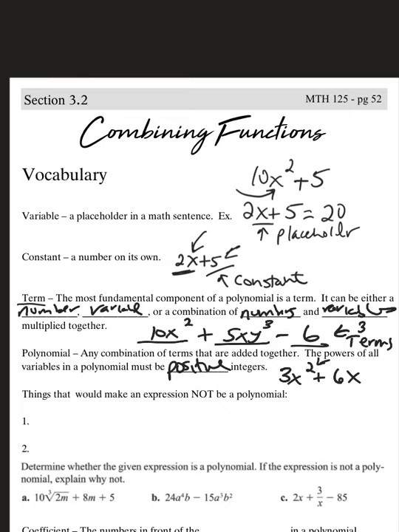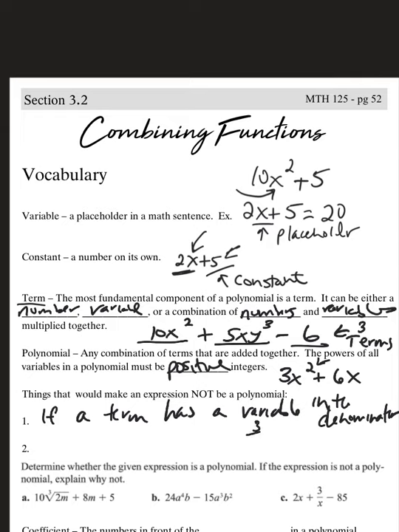Things that would make an expression not be a polynomial is if it has a term and the term has a fraction. You can't have a term that has a fraction with a variable in the denominator. For instance, 3 over x. Something like this cannot be part of a polynomial.